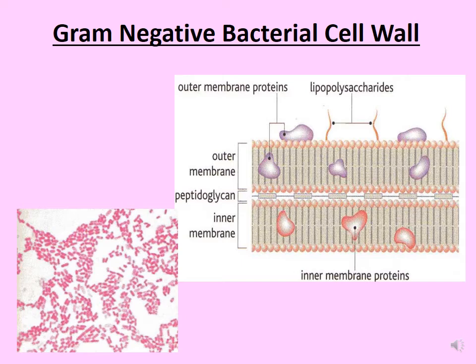Because they have less peptidoglycan, they don't retain that crystal violet stain, so you have to treat it with a counter stain, another type of stain called safranin, and therefore the safranin is like a light pinky colour as opposed to a dark colour. So if it becomes a dark colour, it's the gram-positive. If it's a light pinky colour, then those are your gram-negative bacteria, and it's due to the amount of peptidoglycan and the thickness of the cell wall.